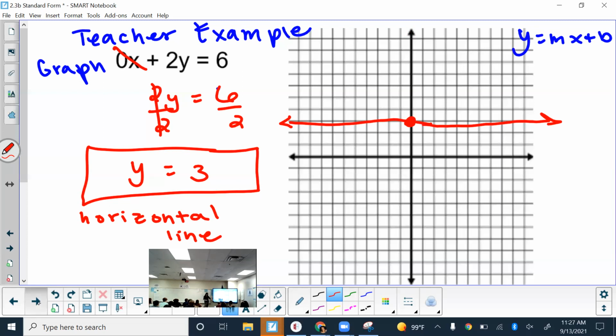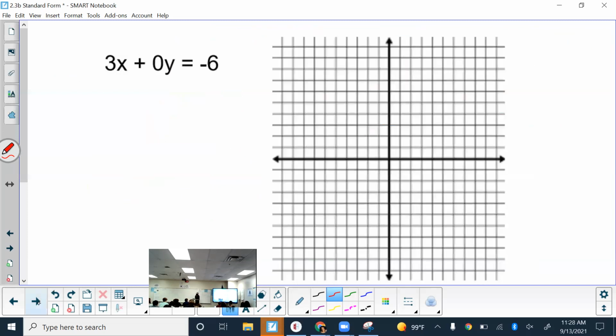All right, everyone have it written down? Okay, great. Now here's the class example. So put this in your class example box. We want to graph this one, but this time what term cancels out? The y term cancels out, right? Because 0 times y is 0.